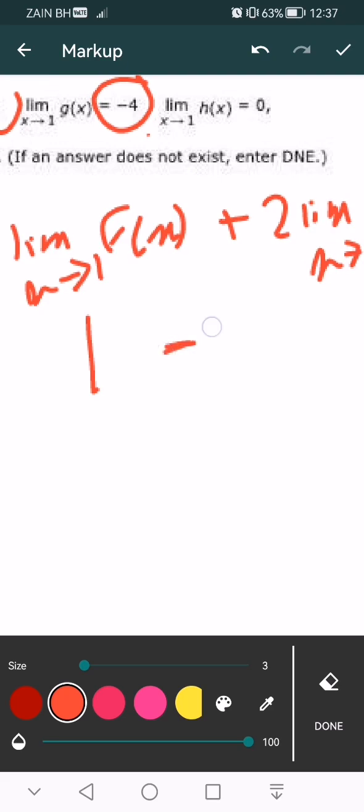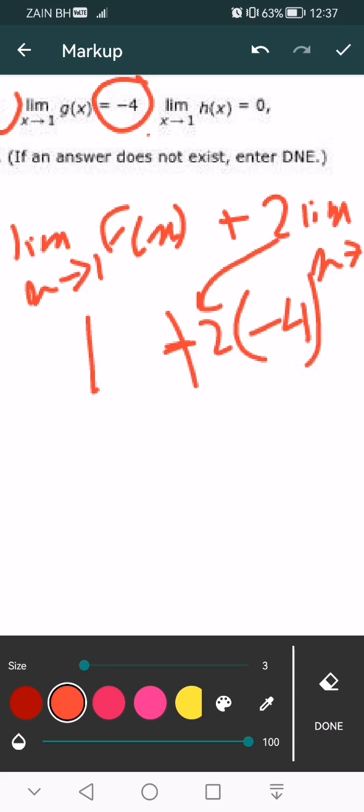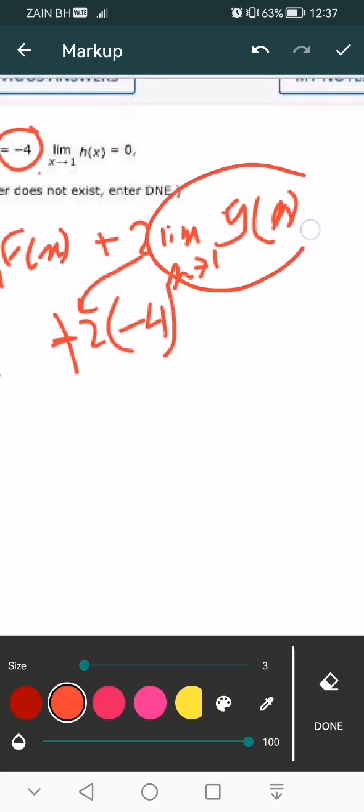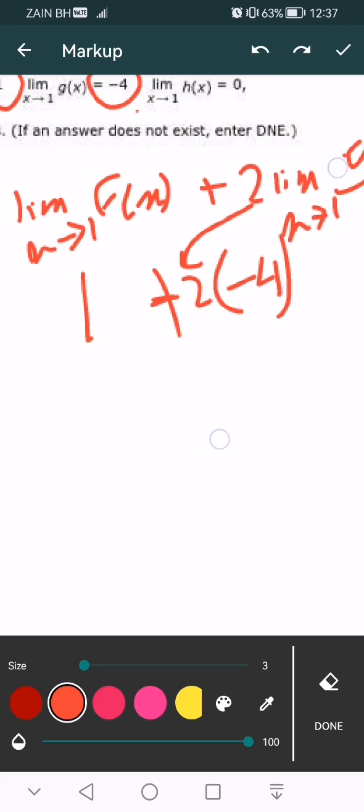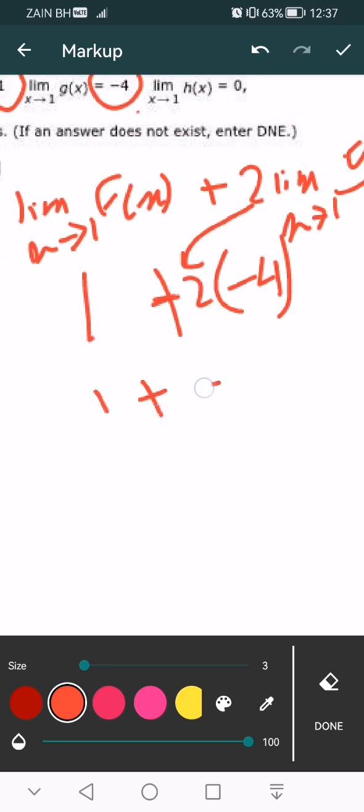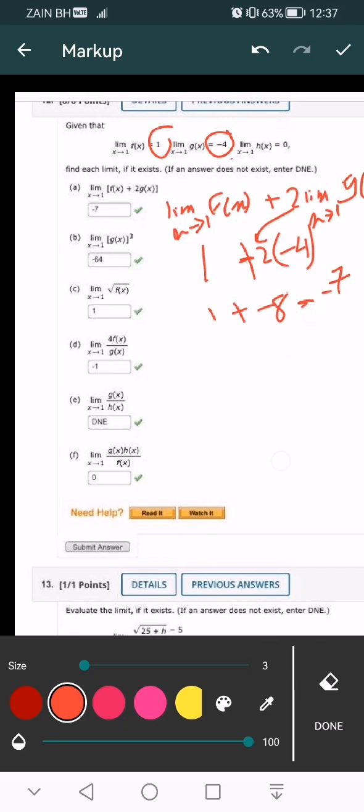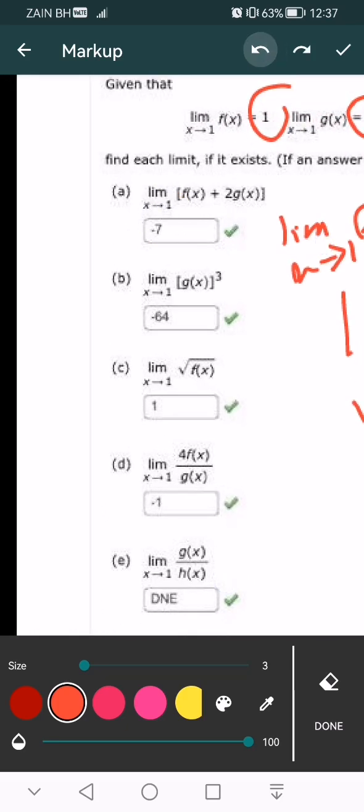So 1 plus 2 by minus 4, because the limit of g of x is minus 4. So 1 plus minus 8 equals minus 7. The answer is minus 7.